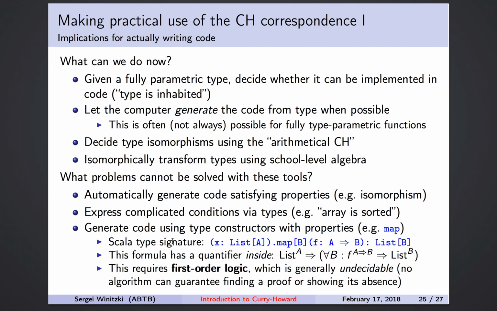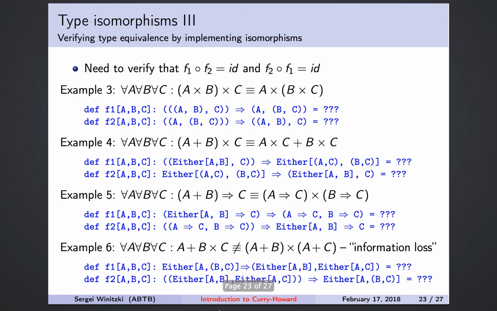So, by way of summarizing what we have done so far, what are the practical implications of the Curry-Howard correspondence? So one set of implications is actually for writing code and reasoning about code. One thing we can do now is, if we're given a function with some type, and usually this will be a type with type parameters, all type parameters, a fully parametric type, such as the function we have been considering here.